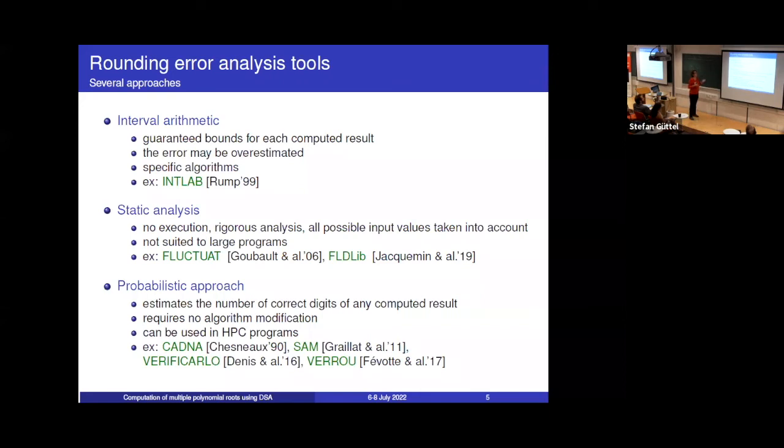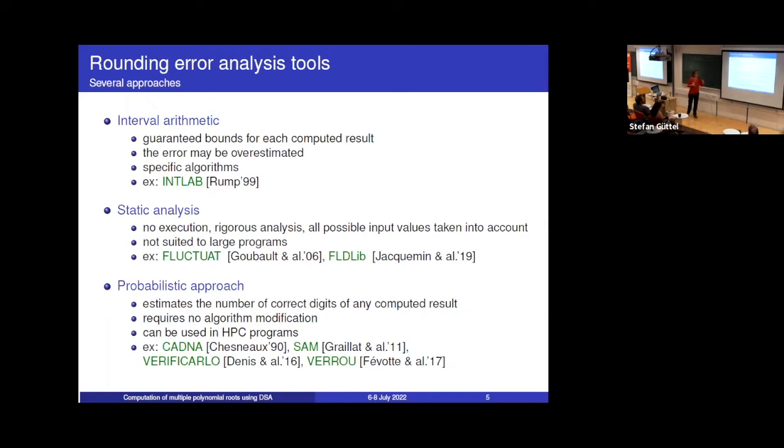There is, for instance, interval arithmetic, that Andreas, for instance, you know very well, which provides guaranteed bounds for each computed result. And unfortunately, the error may be overestimated. And actually, you cannot apply this interval arithmetic in a naive way in a very large code. You need specific algorithms that will tend to contract the intervals.